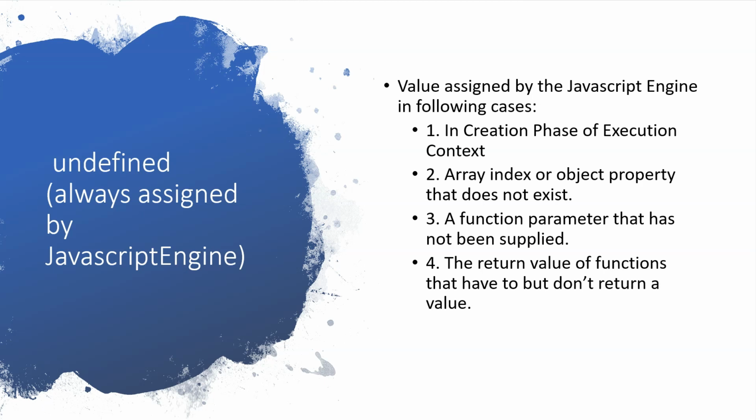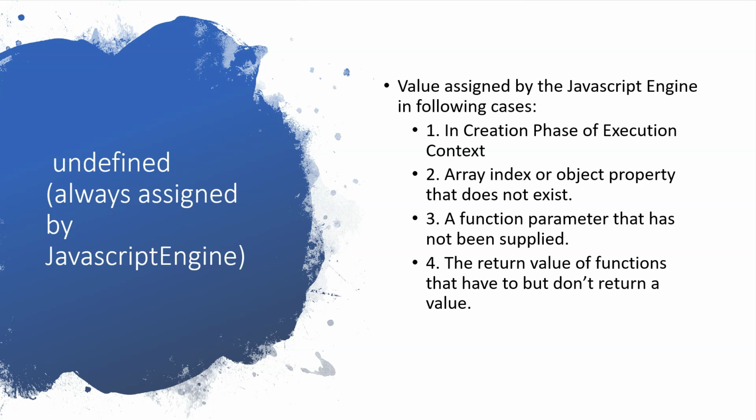The undefined value will always be assigned by the JavaScript engine. In some cases in programming, people even assign undefined, like var a equal to undefined, but that should not be done. Undefined will always be assigned by the JavaScript engine. You should not assign undefined.